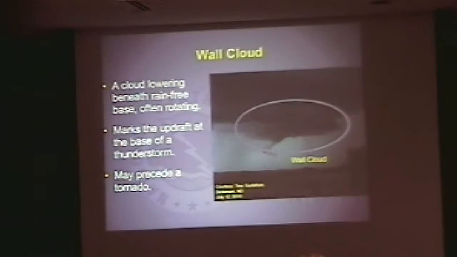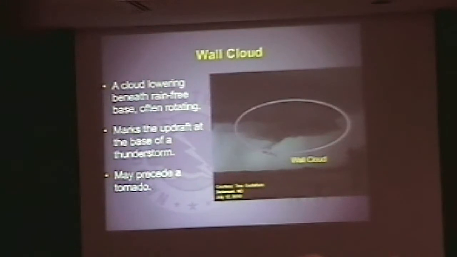My wind's going to change direction, it's going to increase in speed, but it doesn't mean there's a tornado. The difference between that and a wall cloud, that means, man, I'm setting up to put out a tornado. Not guaranteed I'm going to put it out, but once you get a wall cloud, your next step would be for the wall cloud to start rotating, and then to drop out a funnel cloud or a tornado.